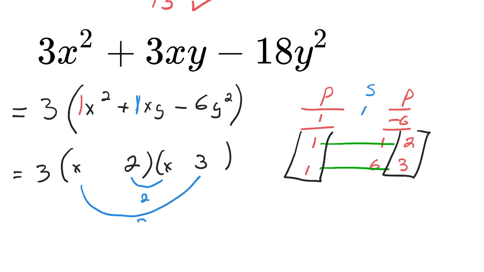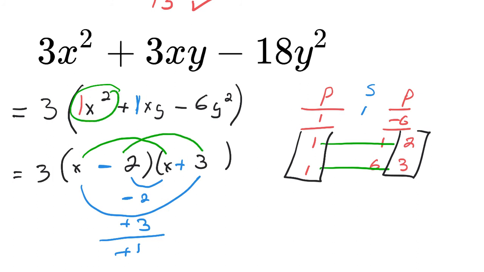This gives me 3. If I want a positive 1, my 2 has to be negative, and my 3 has to be positive. That will give me positive 1. And I just have to make sure that my other two terms are going to be the same. So x times x gives me x squared, so that works. And negative 2 times 3 gives me negative 6.